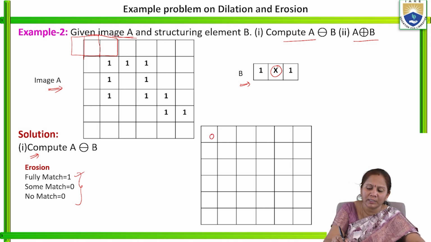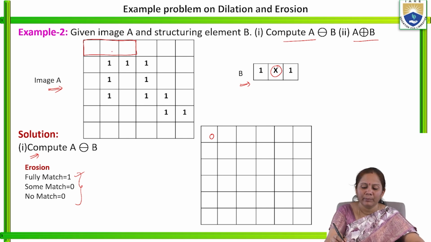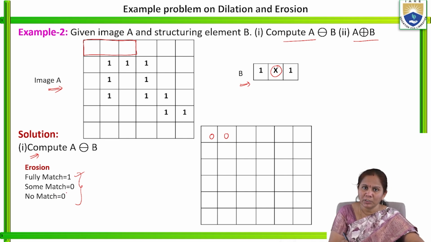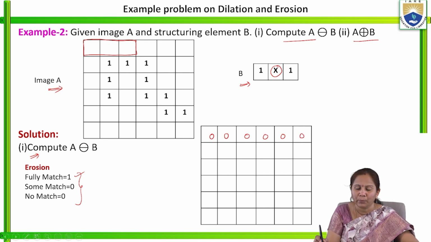Similarly, if we shift the structuring element to find the next element, it will be here, making this the center pixel we need to find. In this case also, ones are not available, so it comes under some match and should be replaced with 0. Totally, in the first row there are no elements, so all of that comes under some match, and we can keep all the elements as 0.